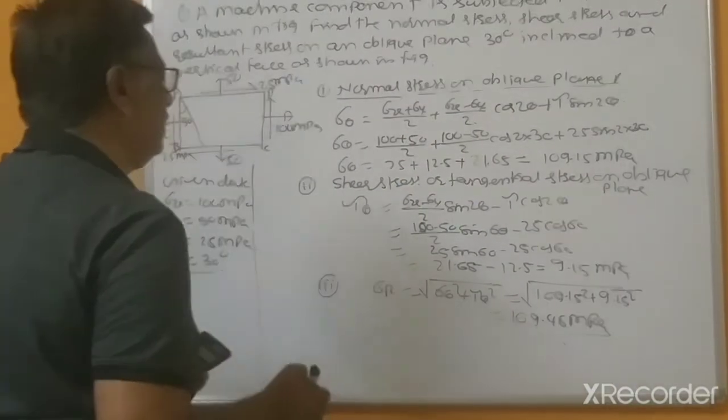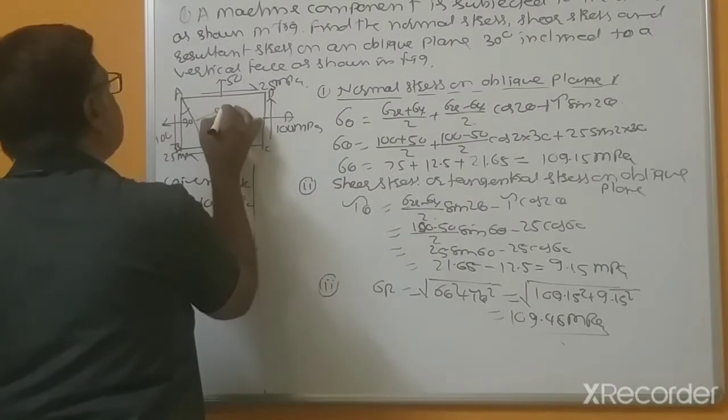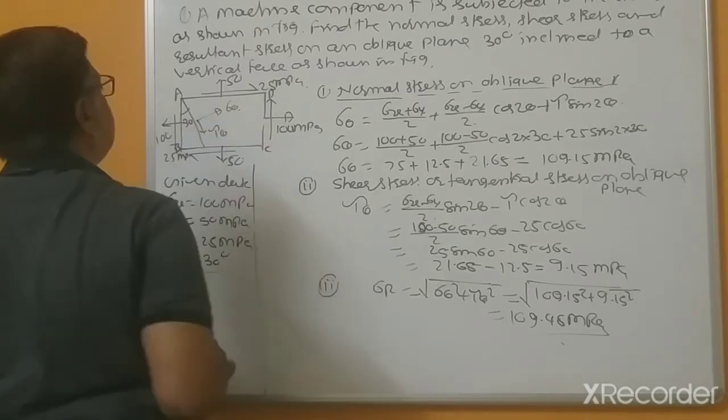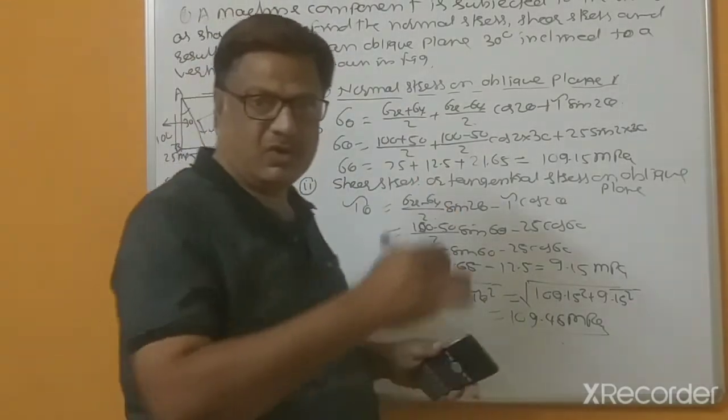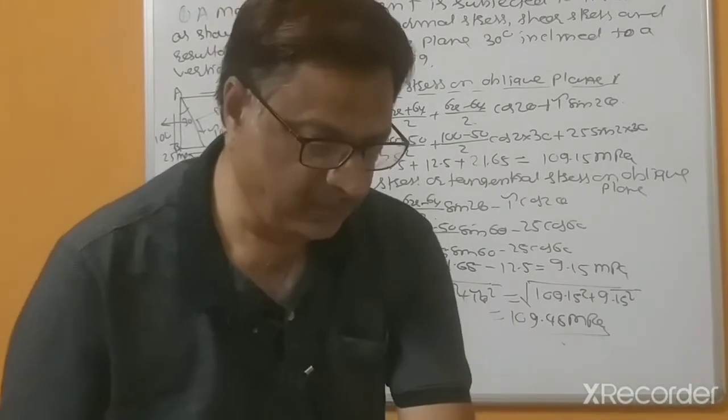And this is positive, so that's why this stress is sigma theta and this is tau theta. So these directions, this is try to rotate clockwise. So this is the first problem.